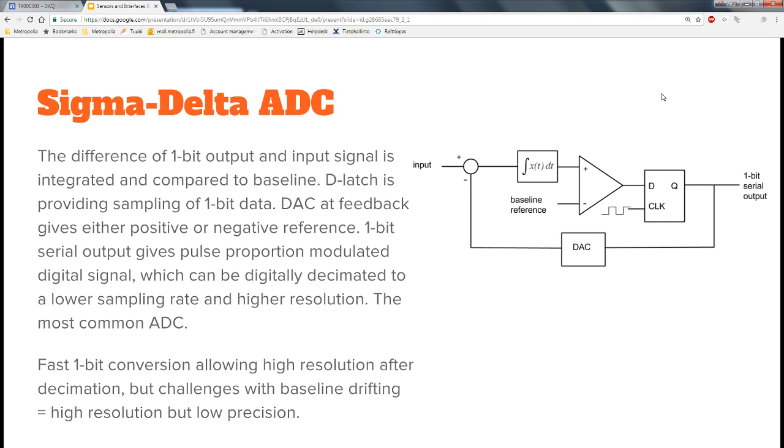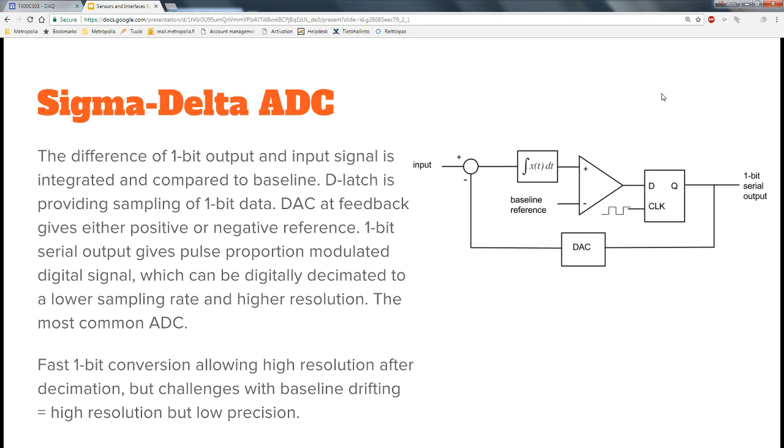There are different configurations on how sigma delta works, but fundamentally you are integrating a difference between the input signal and a D to A conversion of the 1-bit serial output. So in principle, this gives a differential value.